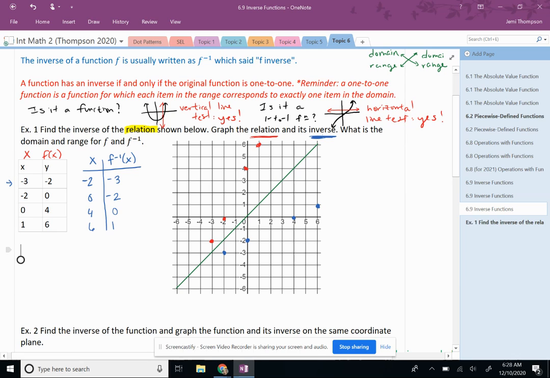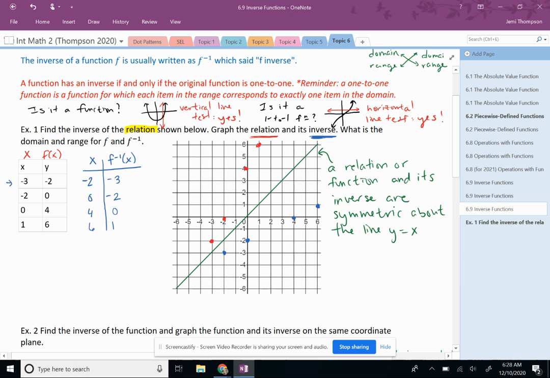So I've got this line drawn here, and a relation or function and its inverse are symmetric about the line y equals x.